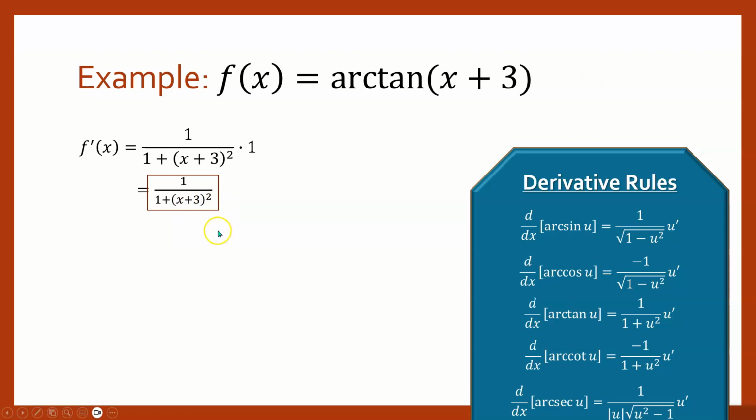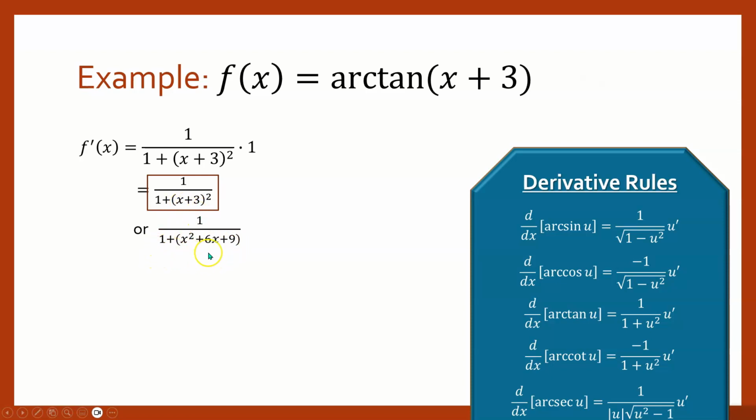And we can either leave it like that and say, okay, that's the answer, that's what we got for the derivative, or if you like it better, we can multiply this out. If you take x plus 3 and square it, you get x squared plus 6x plus 9. X plus 3 times x plus 3 multiplied out is the x squared plus 2 times the 3 times the x plus the 3 squared.